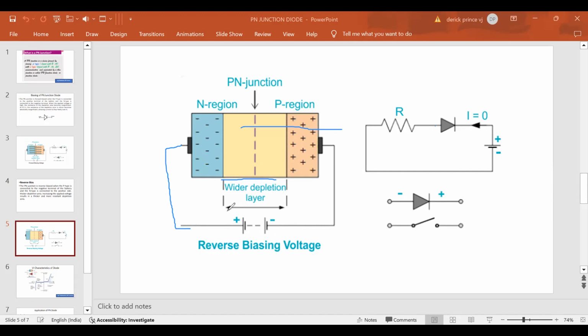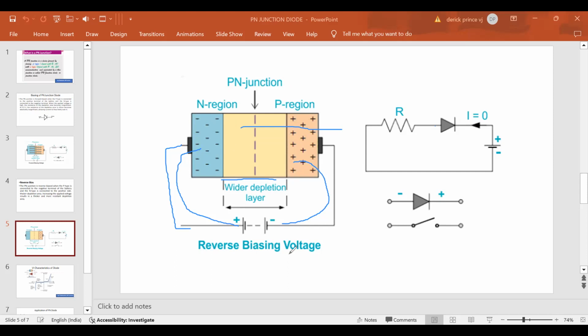Now what will happen? This positive biasing will attract the electrons towards the positive, and the holes will get attracted towards the minus. Correct? Because here the charges are the same, and here the charges are different, so they get attracted towards here. So what happened? The depletion region is becoming wider.